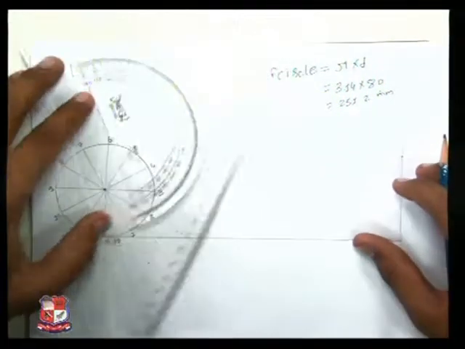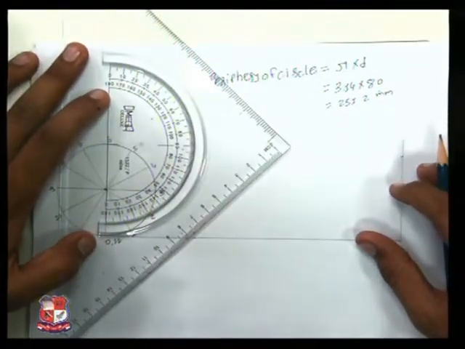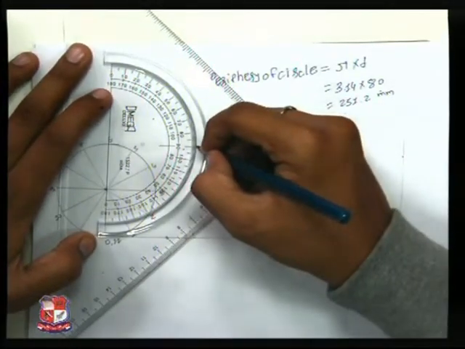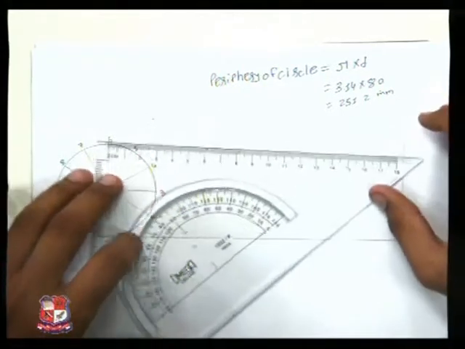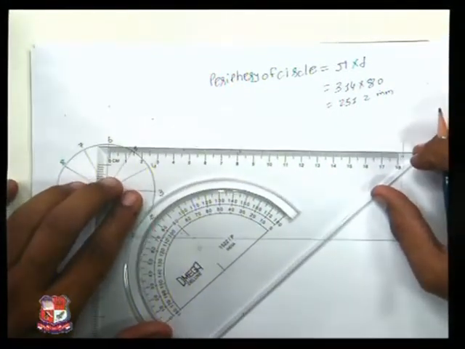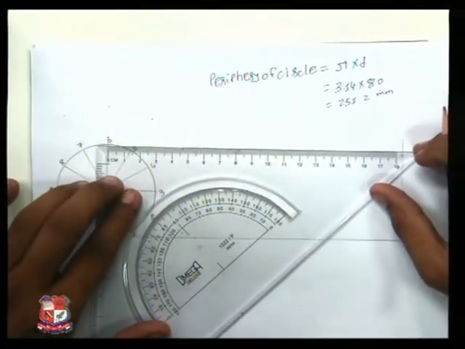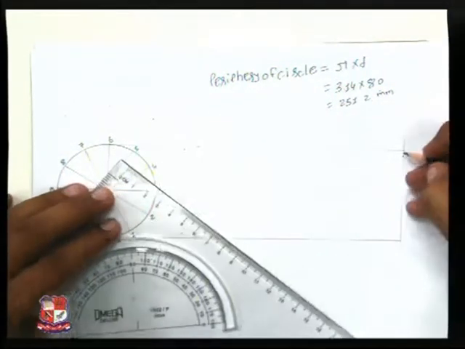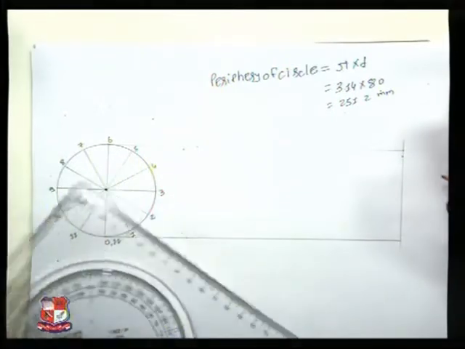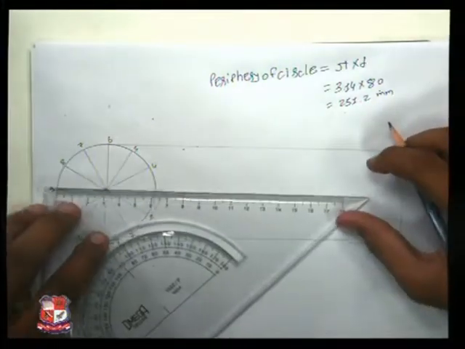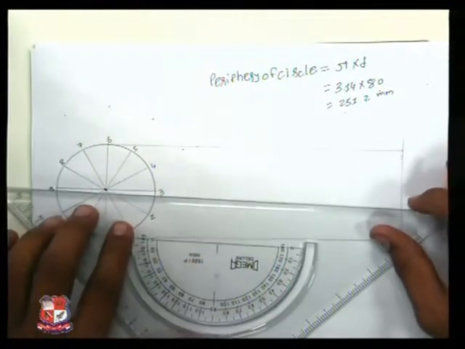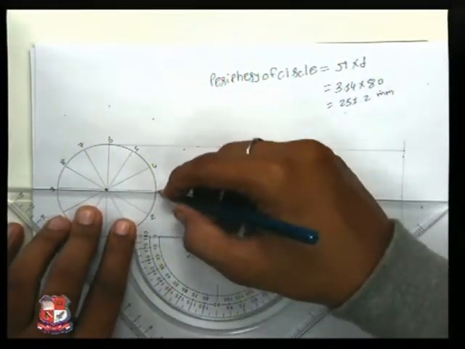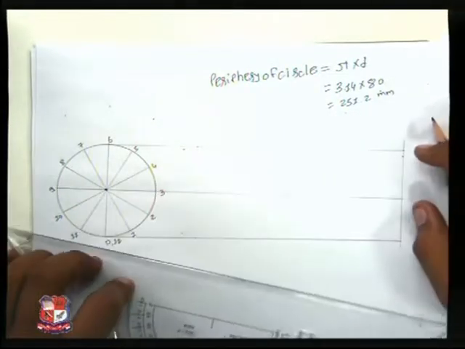Drawing a vertical line, again from point number 6, we will draw a 90-degree line of 251 mm, which will intersect with this vertical line, which means that our center has been shifted to here. Now draw an extended line from all the points till this point.